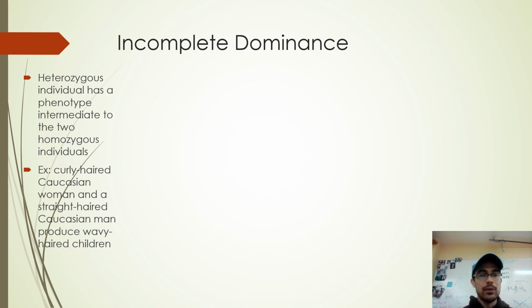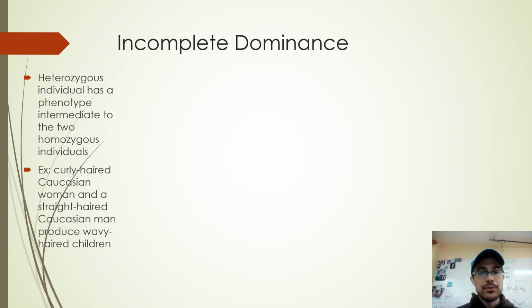It's more or less of a blend as opposed to showing both of them, which is what we see in codominance. So with incomplete dominance, the dominant gene doesn't really fully overwrite the recessive allele in phenotype, and they more or less just kind of blend here. And so you'll see a little bit of both.